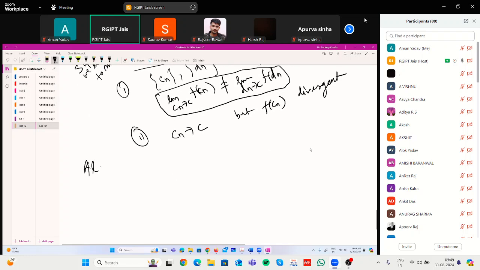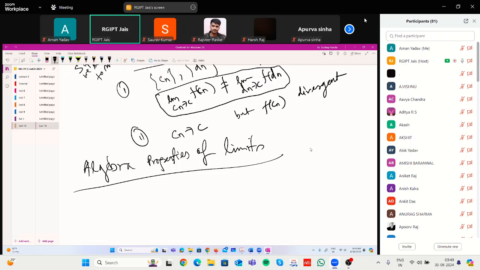So similarly, the algebra properties of limits will also hold. What do you mean by that?